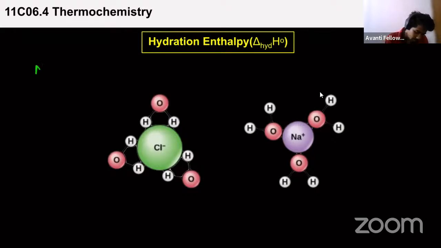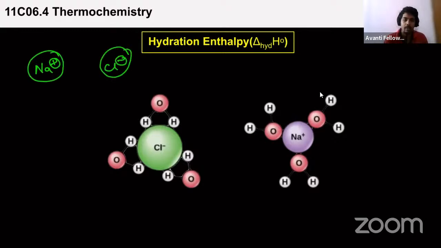So whenever this Na+ ion and Cl- ion are dissolved in water, what happens? As they are cation and anion, and the water molecule, what does the water molecule have? Does it have any dipole? Right, it has a dipole, and due to the electronegativity difference, what happens? Hydrogen gets partial positive and oxygen gets partial negative, right?